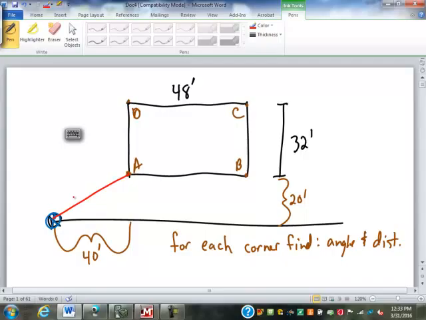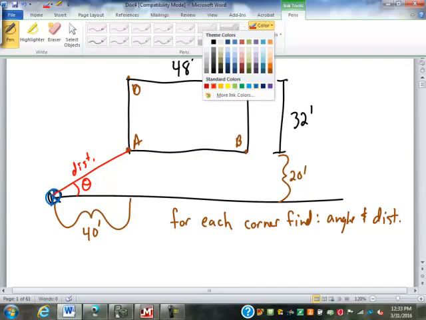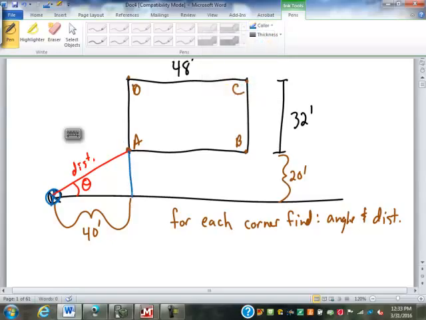That's our distance. And an angle from our reference line. So let's do point A here together. For point A, this side of the triangle is going to be how long? 20 feet.